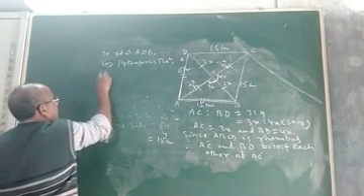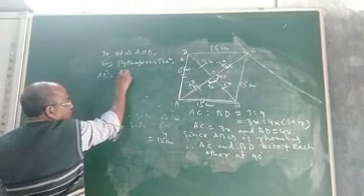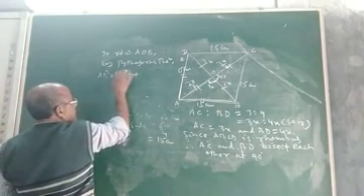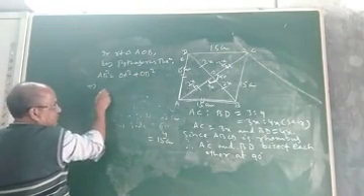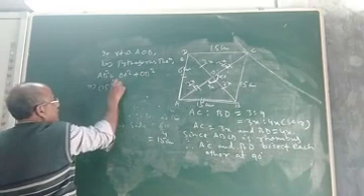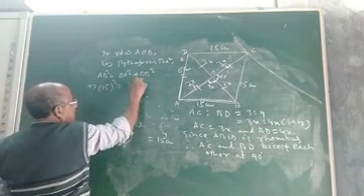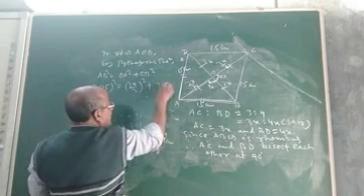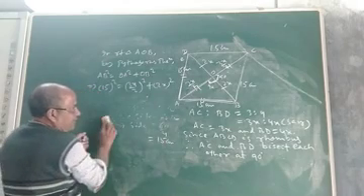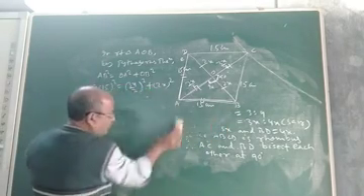Square of hypotenuse is equal to OA square plus OB square. Now put the value. AB is how much? It is 15. 15 square equal to 3x by 2 whole square plus 2x whole square. If you solve this equation, you will get the value of x.